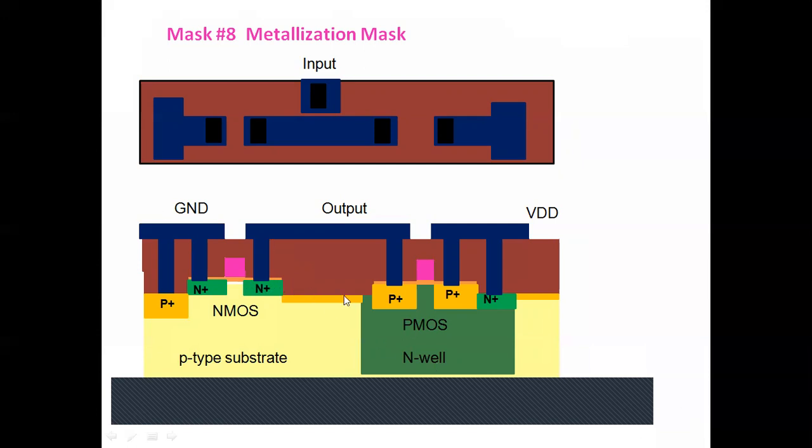Then the drain of NMOS and the drain of PMOS are connected together, and the output is taken. And the source of PMOS and substrate are connected together and connected to VDD. So basically this is a CMOS inverter.